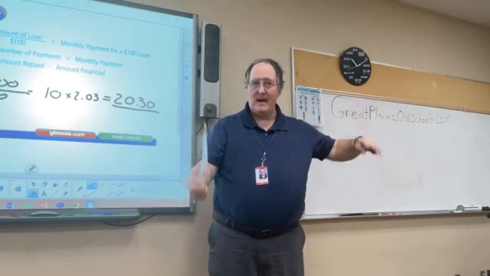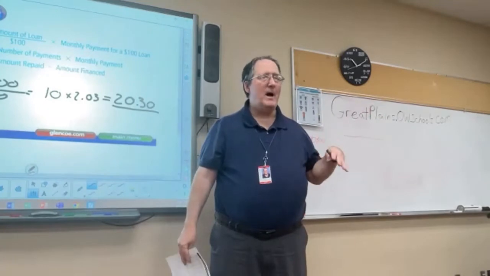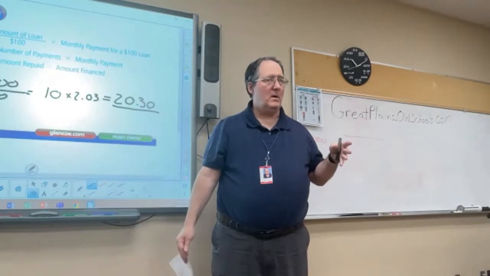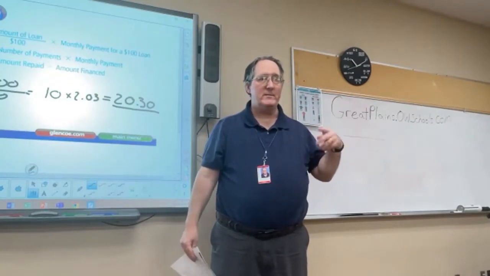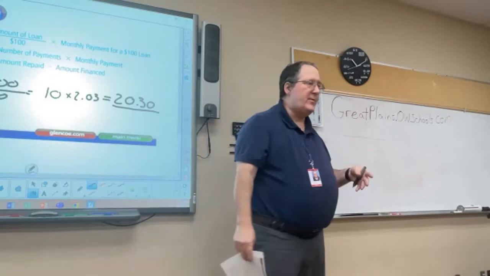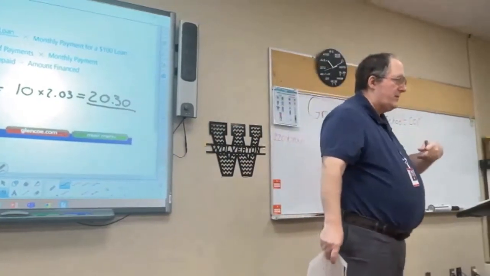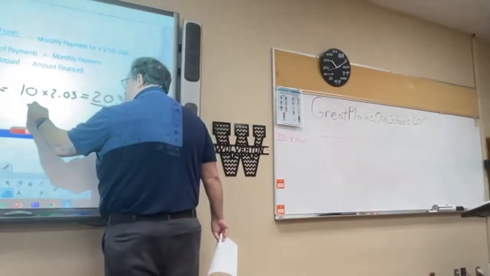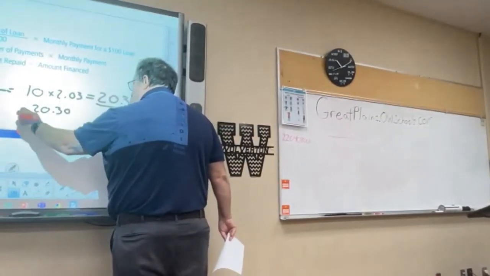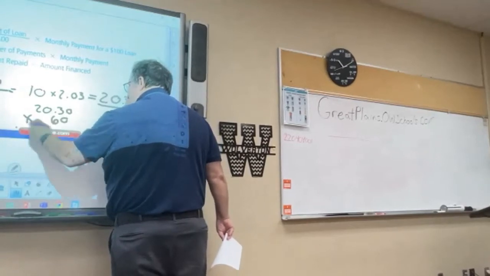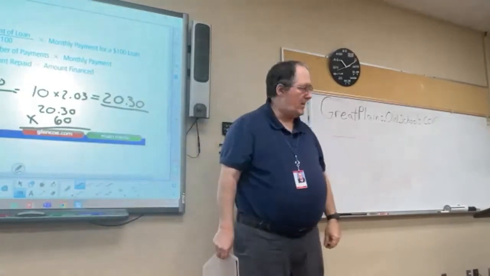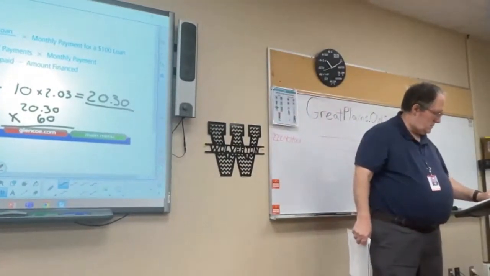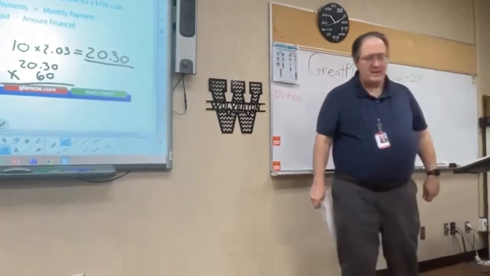Now, the next step is, how much do I end up paying back to the bank? Well, how many months did we say the loan was? It was 60 months, right? So every month, I'm going to be paying $20.30. So if I take $20.30 times 60 payments, what do I come up with? 1,218.